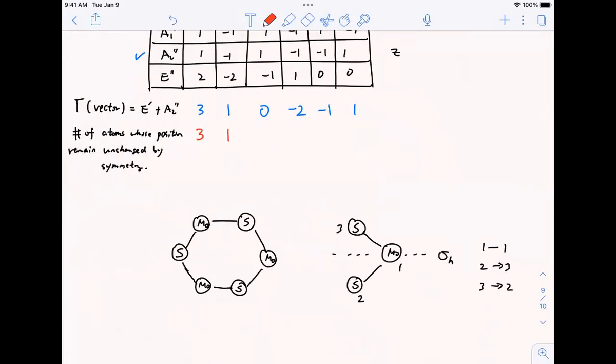There are only 3 atoms. Why is it 3? Because the Mo goes back to Mo, so you just go back to itself. The 2 S also go back to the 2 S, so it is 3. Can you follow me?